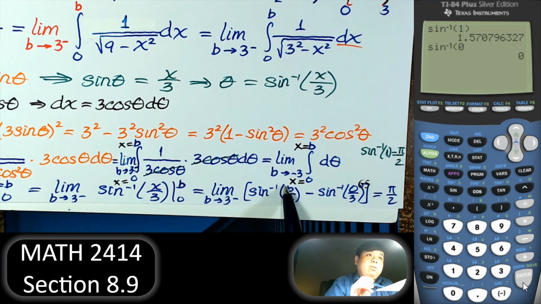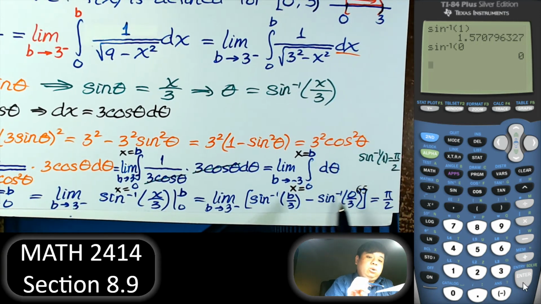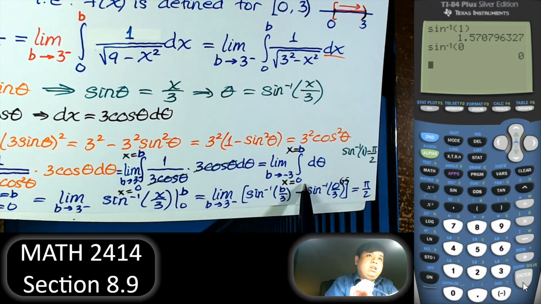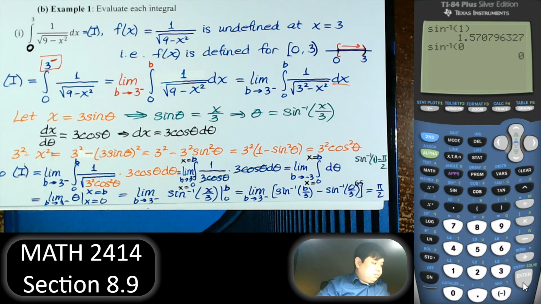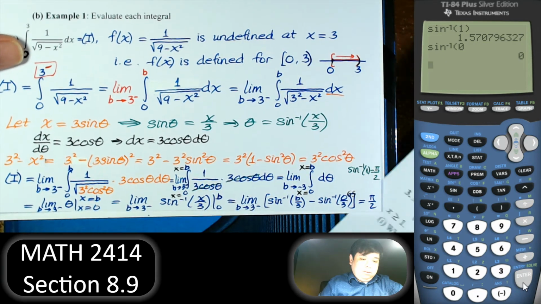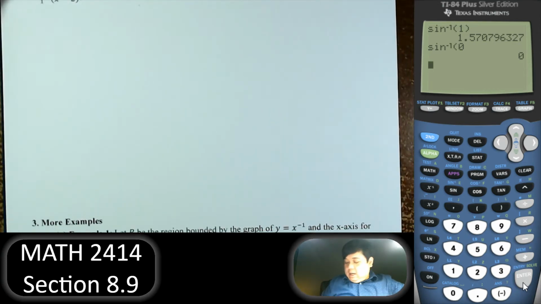Sine inverse of 1 is pi over 2, and sine inverse of 0 is 0. Pi over 2 minus 0 is pi over 2. So that's what we have. Right. This one, I'm not sure if we have enough space.